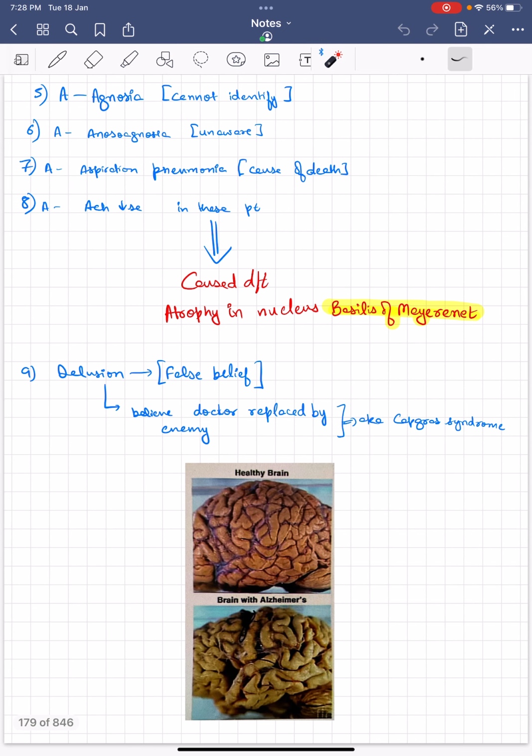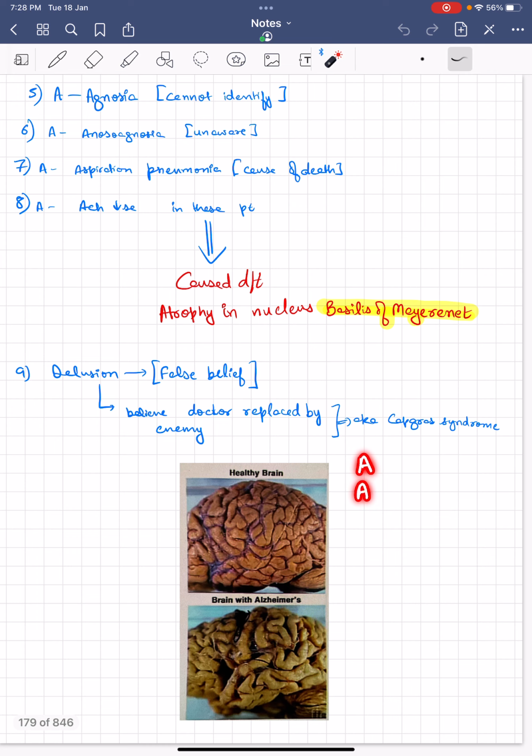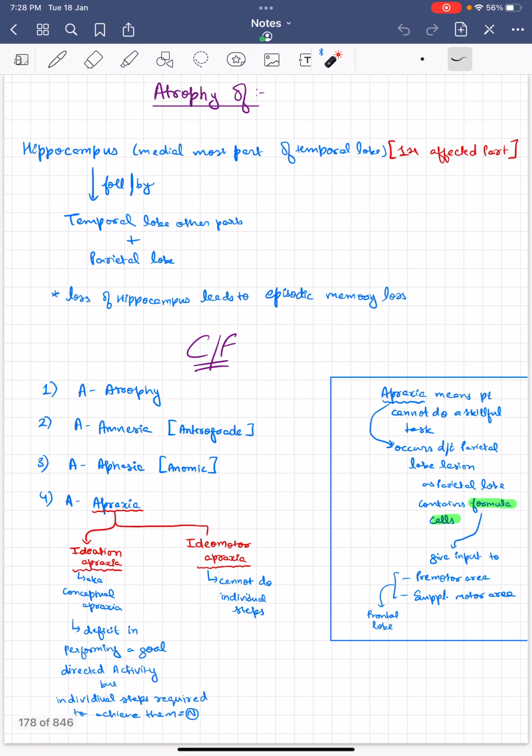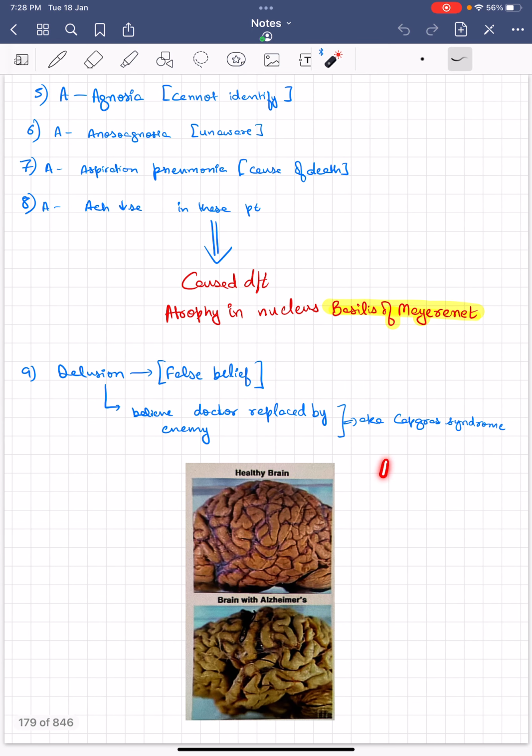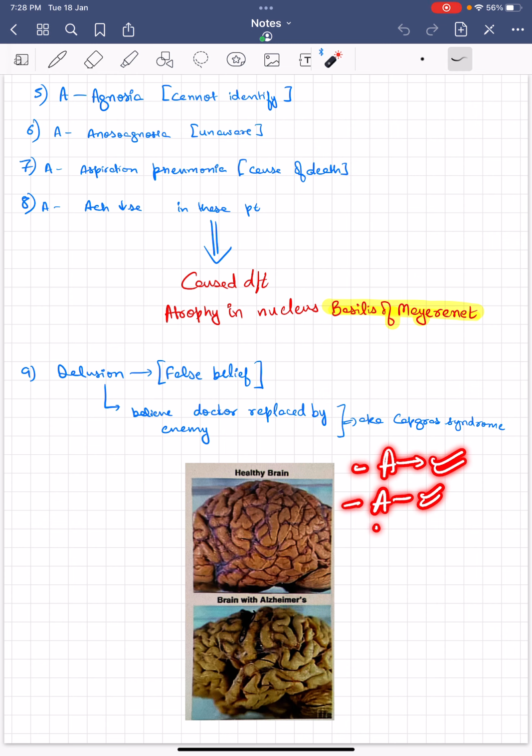Let's revise the clinical features again. Multiple A's: amnesia, which I believe was anterograde. Alright, I've seen it now. Atrophy, amnesia, apraxia, aphasia, which is nominal.